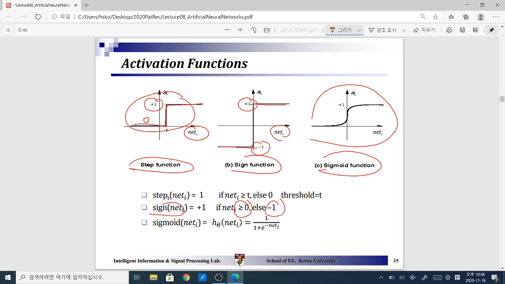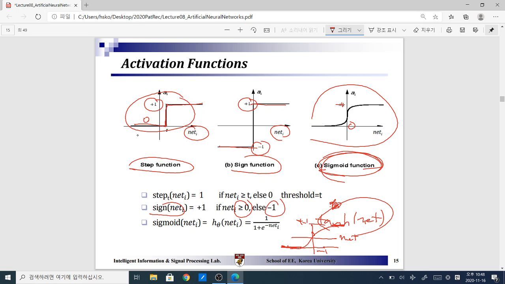You could also have a hyperbolic tangent of, say, net, where the hyperbolic tangent looks similar to the sigmoid function, but it's actually bipolar. It's a big S shape, and the highest point of this big S shape is +1, and the lowest point is -1, as opposed to 0 to 1 for the sigmoid function.